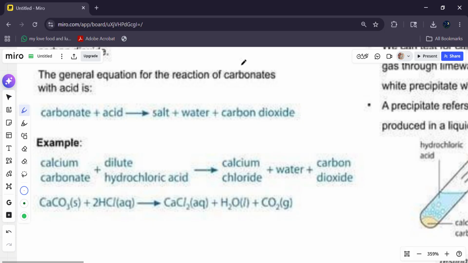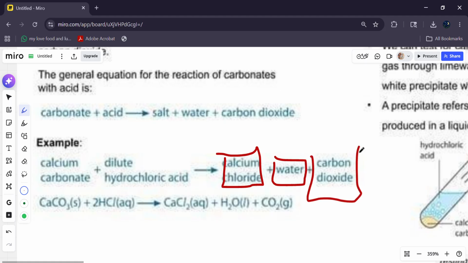Now, in calcium carbonate, carbonate means carbon and oxygen. Calcium carbonate and hydrochloric acid react together to form these products: calcium chloride, which is a salt, water, which is a product, and carbon dioxide, which is a gas.